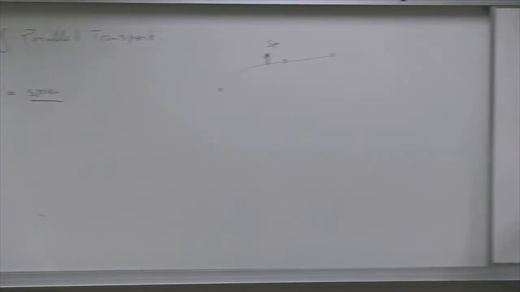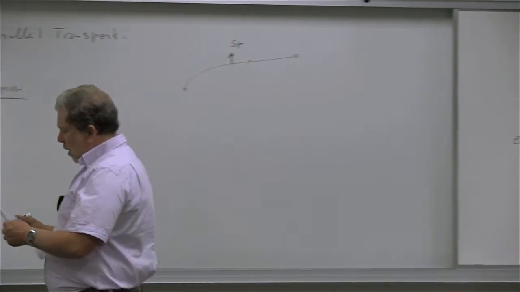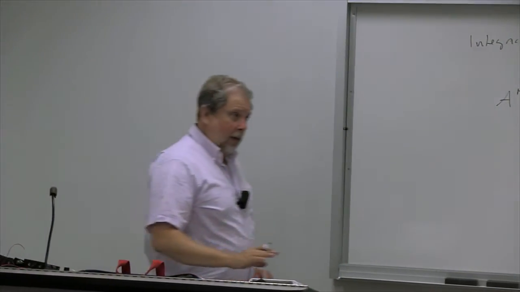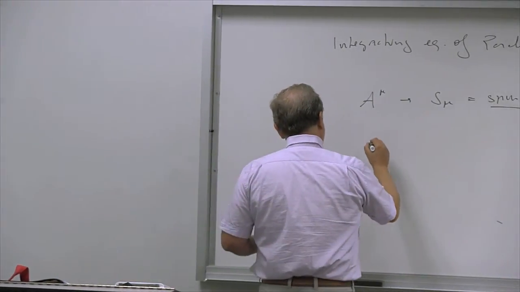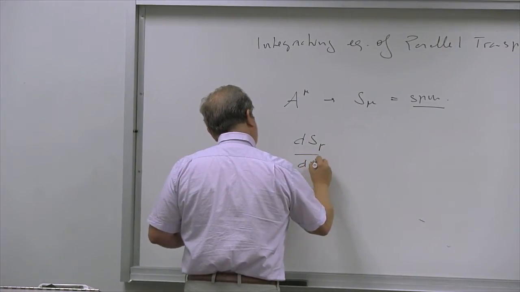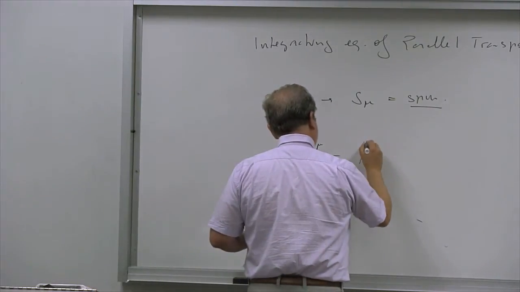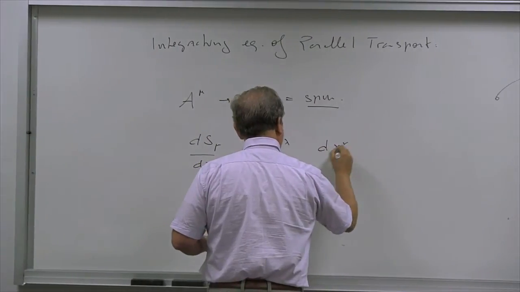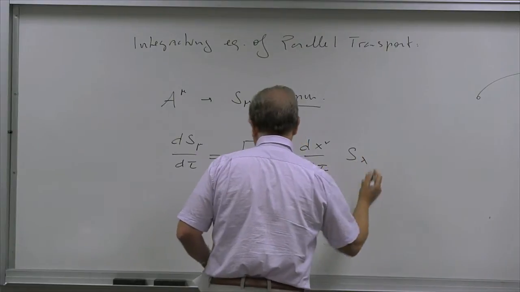Now, the spin, if I write the index downstairs, then there would be a change of sign here. Because remember, every time you switch from covariant to contravariant, the covariant derivative has a different sign for the gamma term. And so the equation here is going to be dS mu by d tau is equal to gamma lambda mu nu times the velocity term, dx nu by d tau, times the spin part, S lambda.